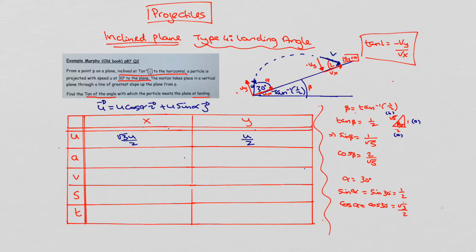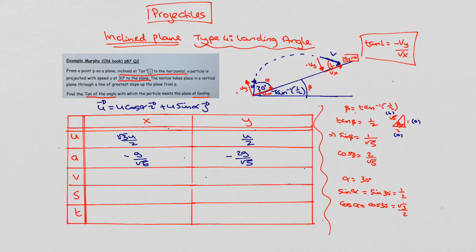A, our gravity vector, has to be resolved, and of course we've seen in our previous examples that it's going to be minus g sine beta in the x direction, and sine beta is 1 over root 5, so that's going to be minus g over root 5. And g resolved in the y direction is minus g cos beta, so this is going to be minus 2g over root 5.